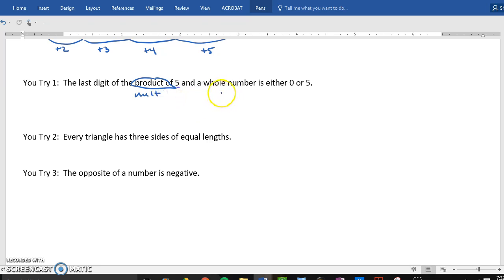So if we take any number and multiply it by 5, 5 times 2, 5 times 3, 5 times 4, will your product, the answer, always end in a number whose last digit is 0 or 5? Yes, this is always true. Therefore, we'll write that that conjecture is true.